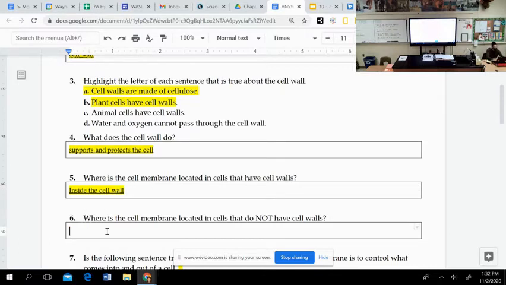Okay, so that kind of answers question 6 then. Where is the cell membrane located in cells that do not have cell walls? So it's that outer layer that acts like a barrier, okay? Right.